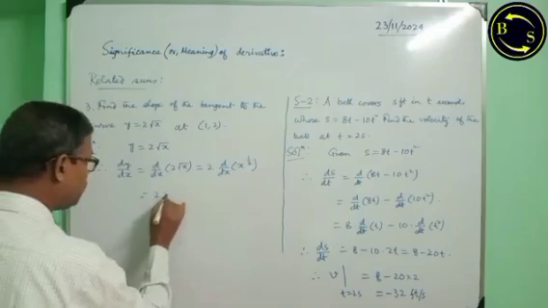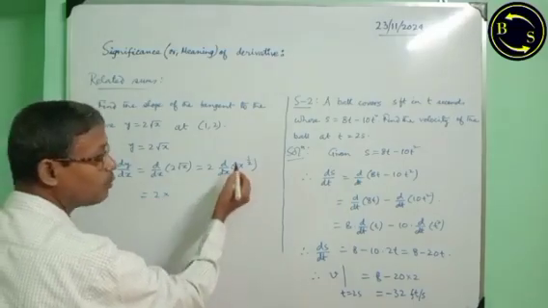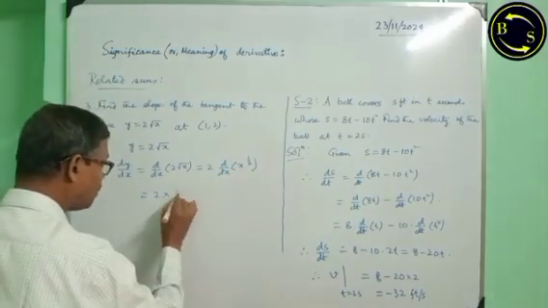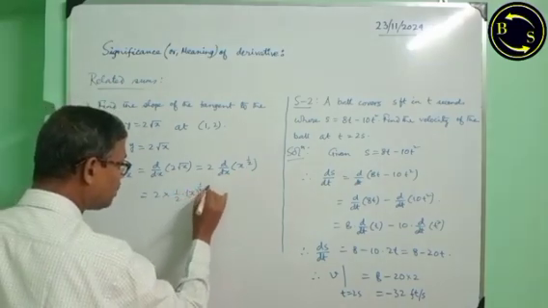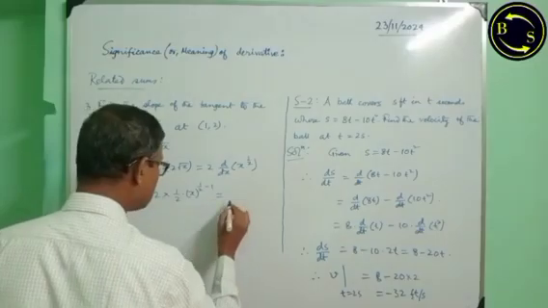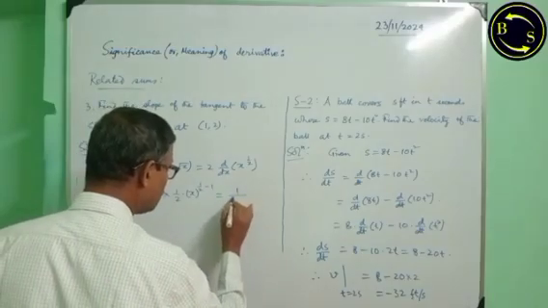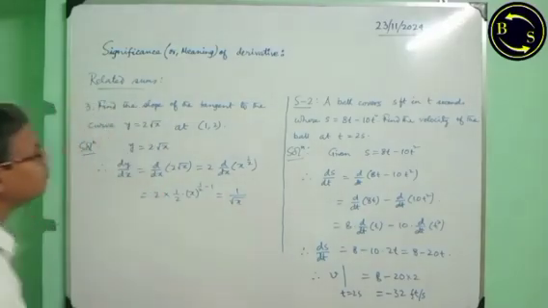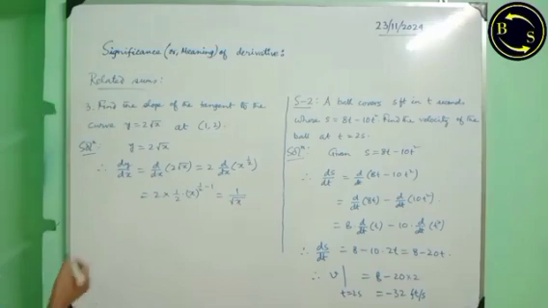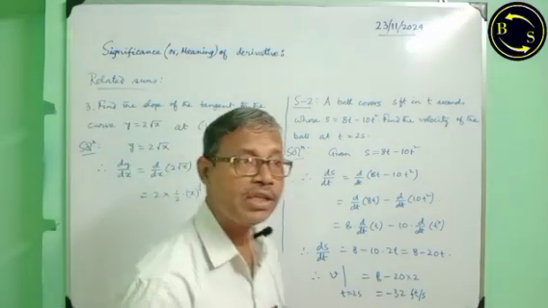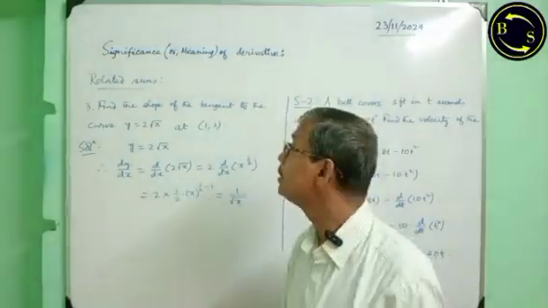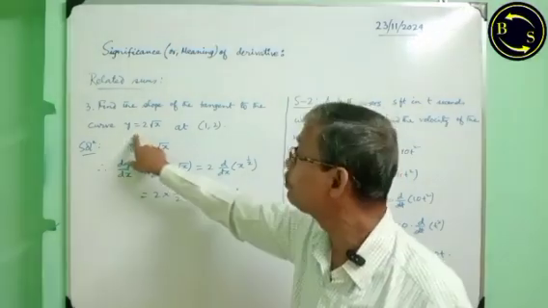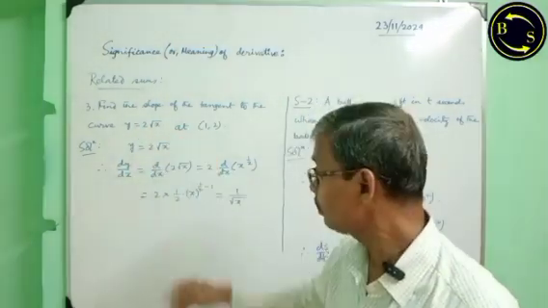That will be 2 into, of the form x to the power n, therefore half x to the power half minus 1, that means 1 by root x. Now dy/dx, the geometrical meaning of dy/dx is the slope or gradient of the tangent to this curve y equal to 2 root x at any point (x, y).